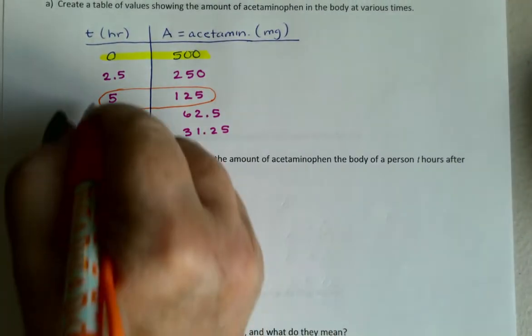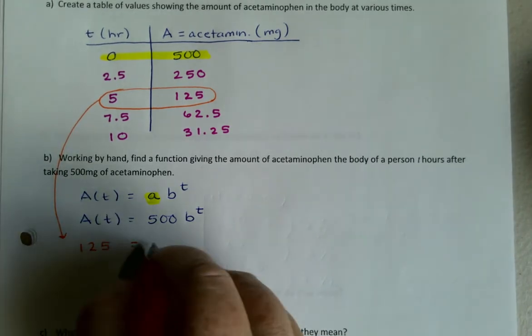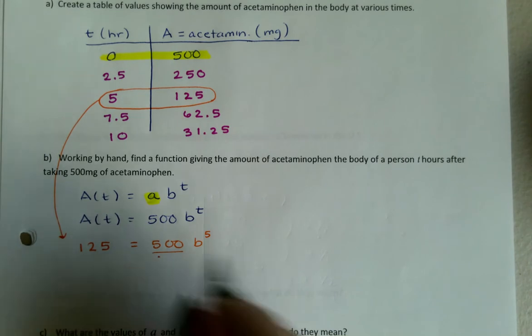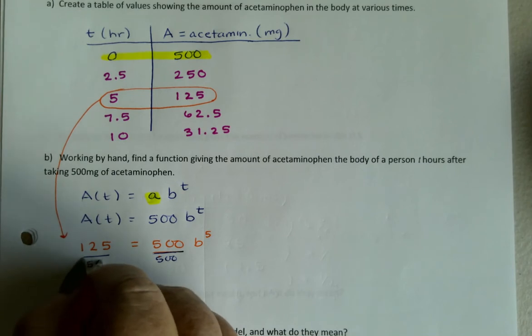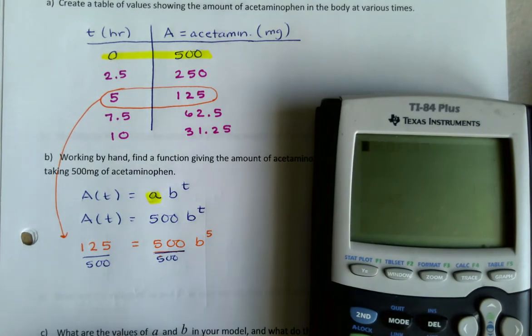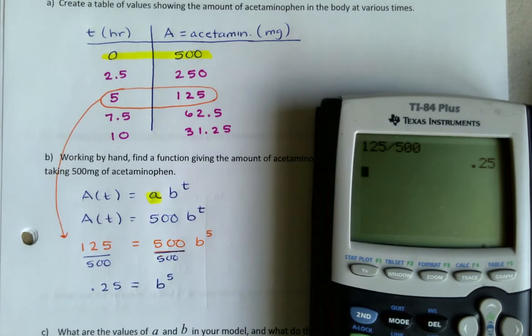So A of t is 125 equals 500 times b to the 5th power. We'll divide both sides by the 500. 125 divided by 500 should be 0.25. Let's just double check that. Yes, 0.25 equals b to the 5th. And then I need to get rid of that 5th power.